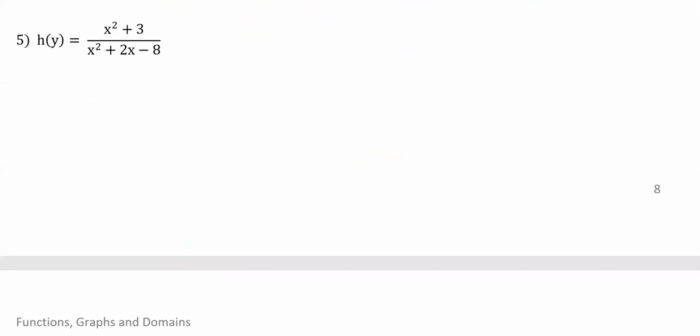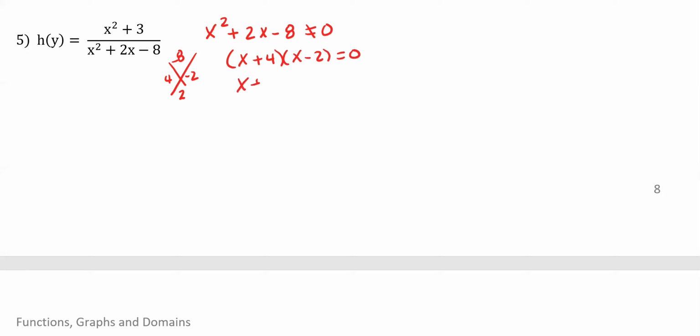Number 5, h of y. We can see we have a fraction. The denominator cannot equal 0. We will factor the factors of negative 8 that add to 2. Set each of your factors equal to 0 or not equal to 0. So x cannot equal negative 4.